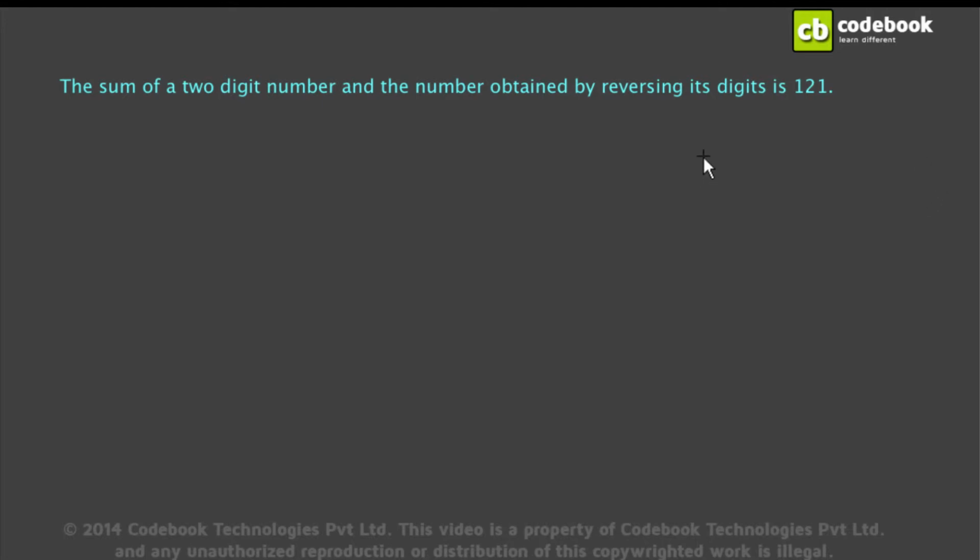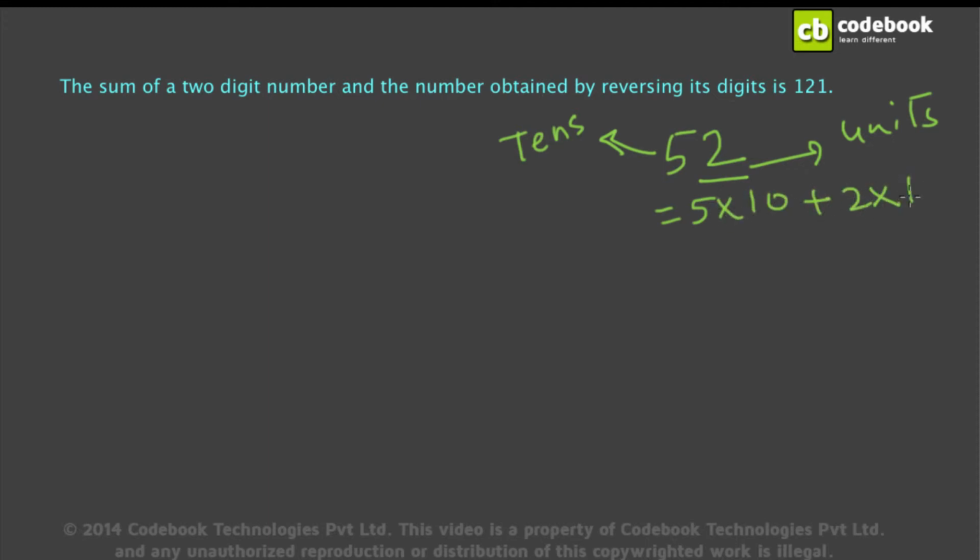First, let us look at a two-digit number. For example, 52. So 2 is in the units place and 5 is in the tens place. So this can be represented as 5 times 10 plus 2 times 1, which is equal to 50 plus 2, which is 52.